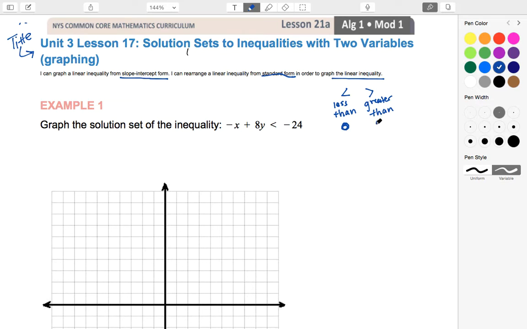And then we also have less than or equal to and greater than or equal to.